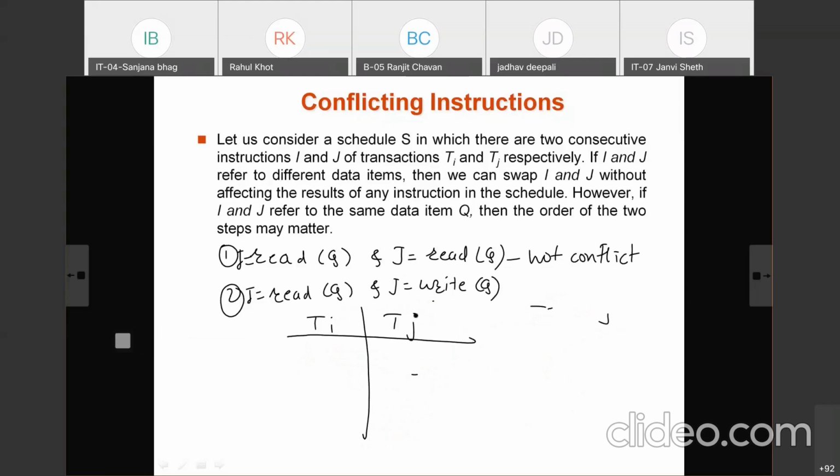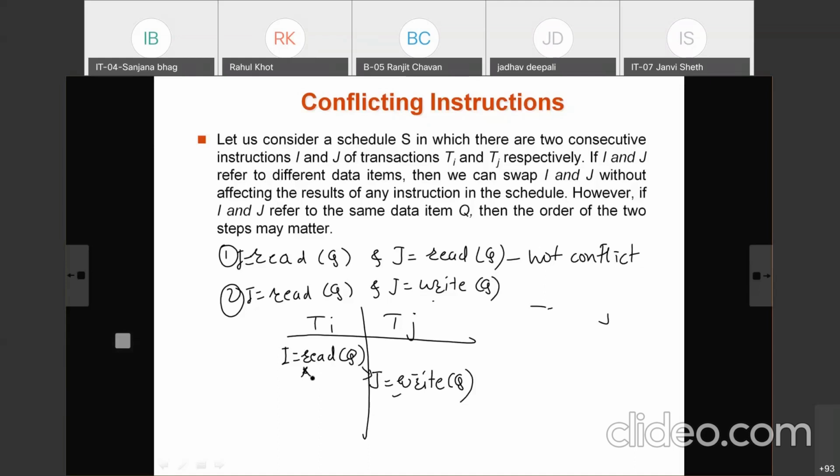Now first I executes read Q, and then transaction Tj executes J, which is write Q. When the instructions are executed in this order, first I and then J, Ti cannot read the value which is written by transaction Tj.